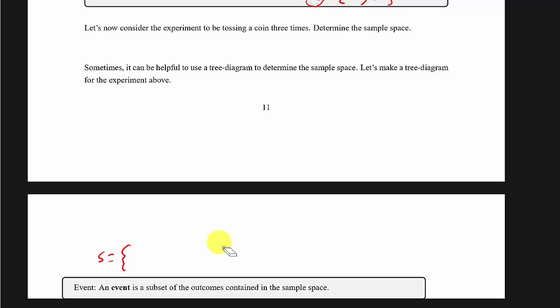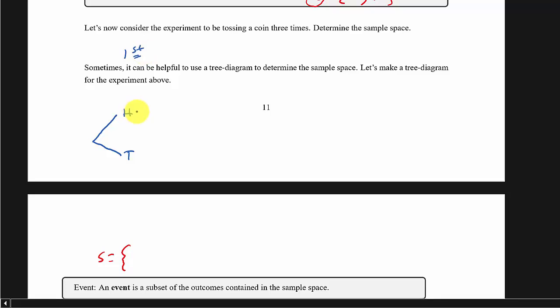And that's a way that we can get the sample space really easy, is using a tree diagram. So let's draw a tree diagram here. Let's see, maybe come here. All right. So when I toss the coin 1 time, I'm either going to get heads or I'm going to get tails. This right here is the first flip.